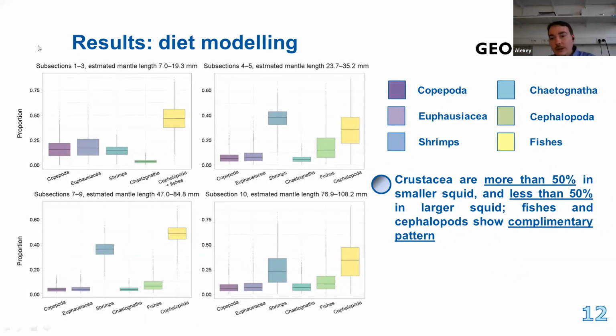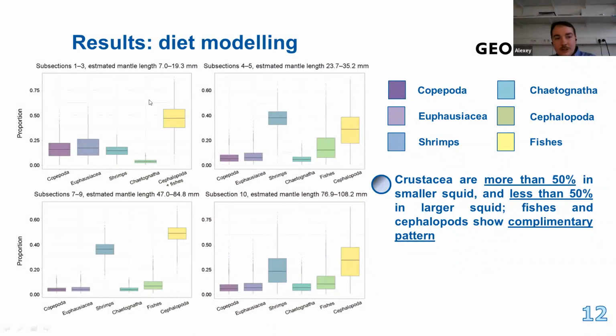So then we already know when changes occur in carbon and nitrogen values, trophic levels, and isotopic niches. Based on that, we pick which subsections we should compare in terms of diet modeling. And that's why we pick these 4 groups from all the groups we have. And what can we see here?